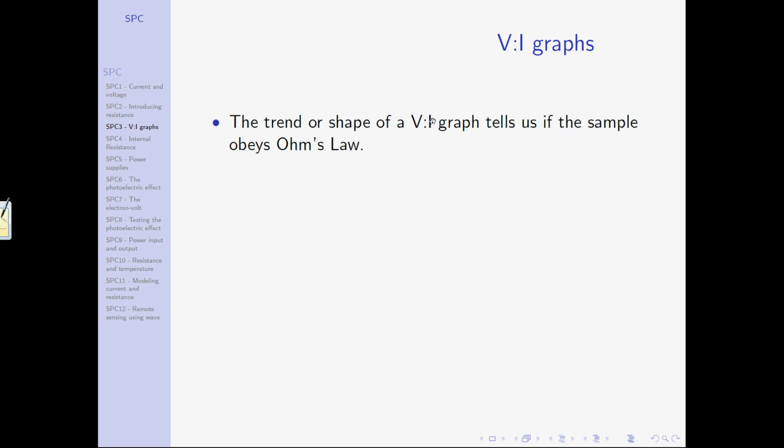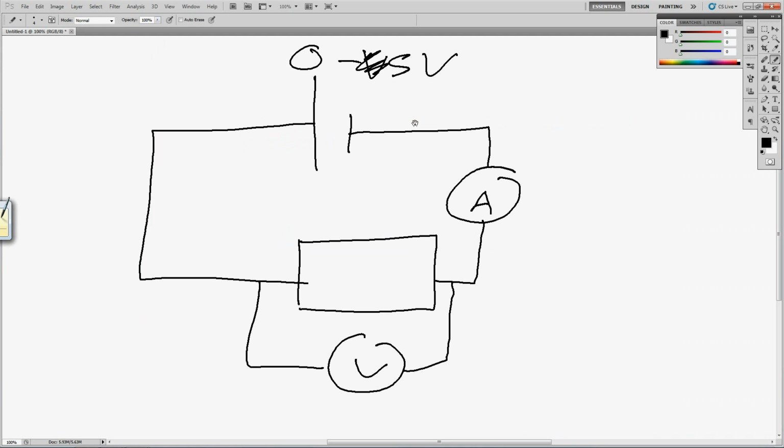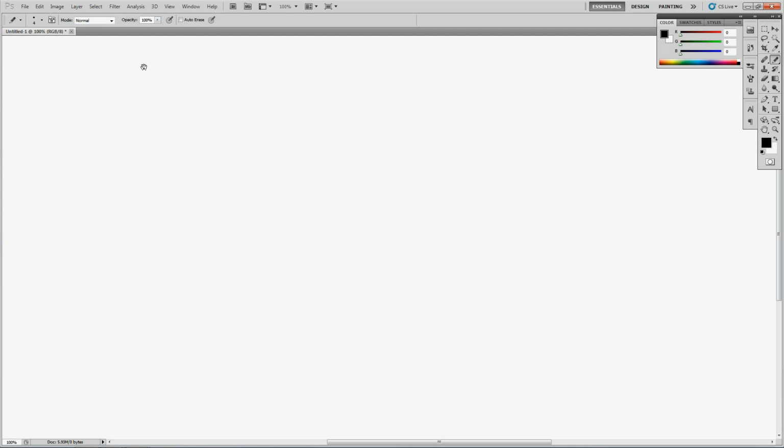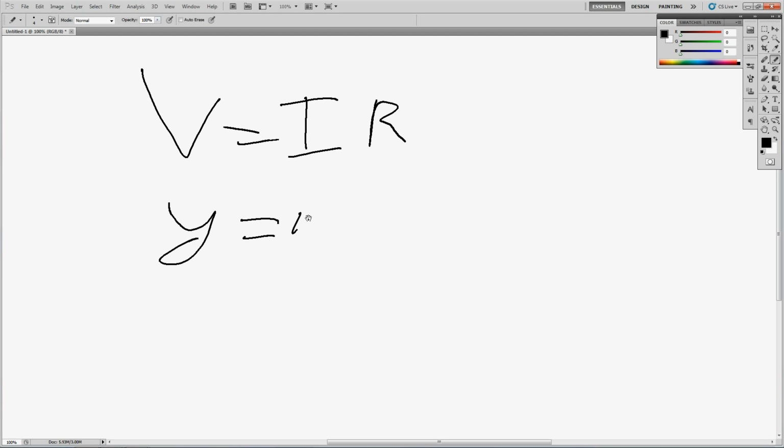Let's see what Ohm's law tells us we'd be expecting from this. Now we know what voltage and current we're measuring, we can clear that and get back to Ohm's law. V equals IR, nice and simple. When we're plotting graphs, we like to have nice straight graphs, so let's compare this against the equation for a straight line, y equals mx plus c.